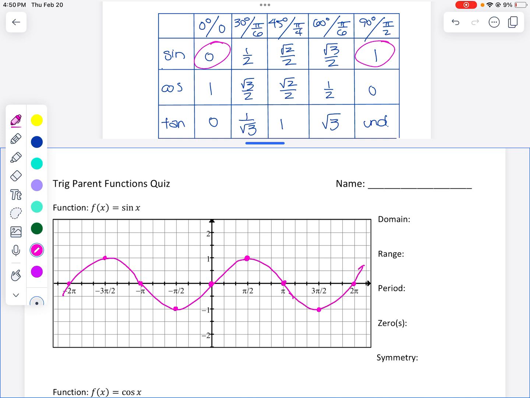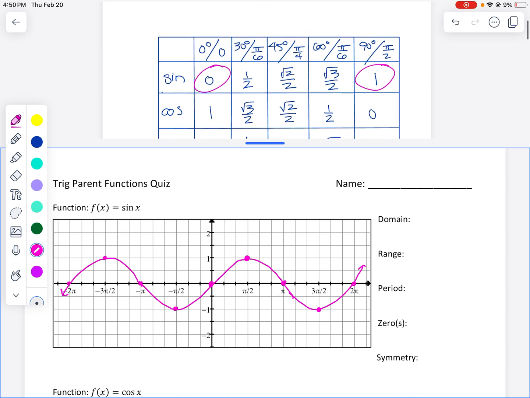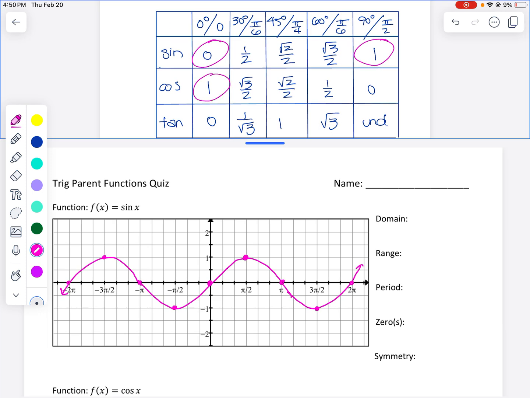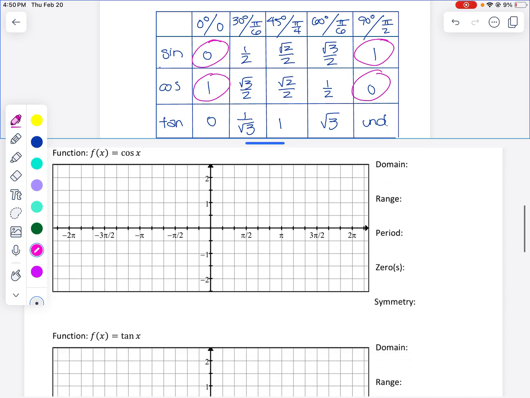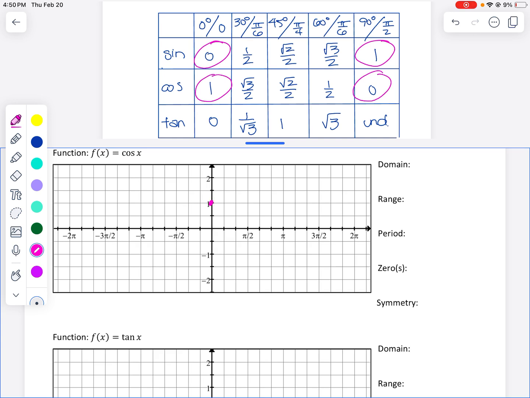So if you follow that same kind of logic, then for cosine, the most important points are going to be the cosine of 0 is 1 and the cosine at pi over 2 is 0. This tells us that our cosine graph starts at its maximum of 1, hits a 0 at pi over 2, and then we can use what we know from our unit circle to remember the next important point would be cosine at pi is negative 1, cosine at 3 pi over 2 is 0, and cosine at 2 pi is back to 1.